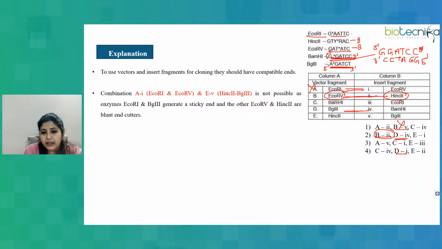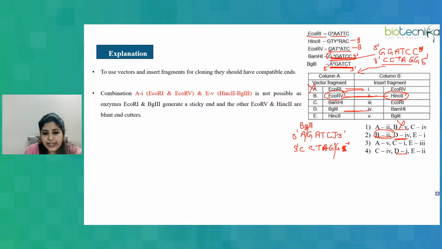Now I'll compare the 3' to 5' sequence to see whether complementarity is there or not. So I will write here the BglII sequence, AGATCT. This is 5' to 3', and the enzyme cuts over here. So this is of BglII, and now I'm writing the sequence C, C, T, A, G, G, and the enzyme cuts over here.